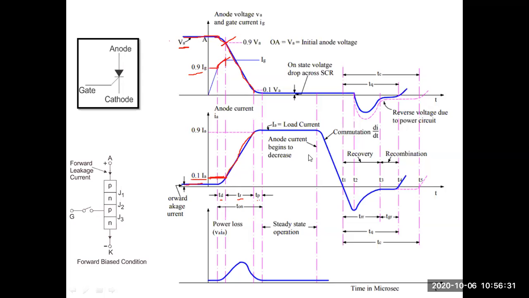In terms of anode voltage, gate current and anode current, we have defined delay time, rise time and spread time. The combination of delay time, rise time and spread time gives the total turn on time.